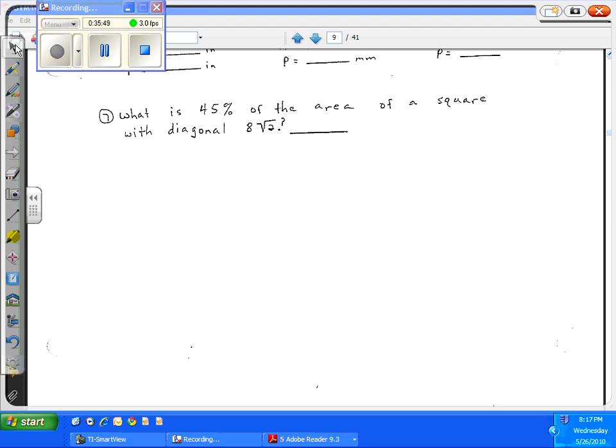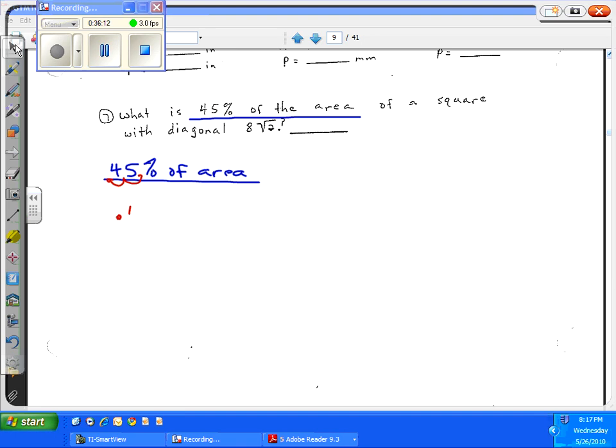It says, what is 45% of the area of the square with a diagonal 8 square root of 2? So we want 45% of the area of a square. How do you find 45% of something?